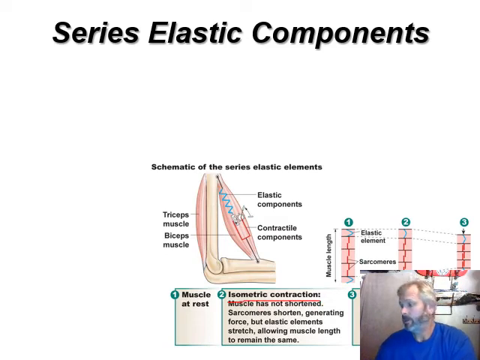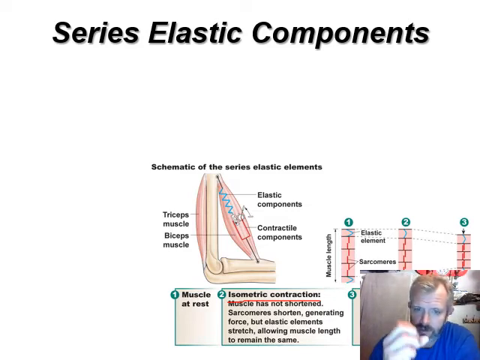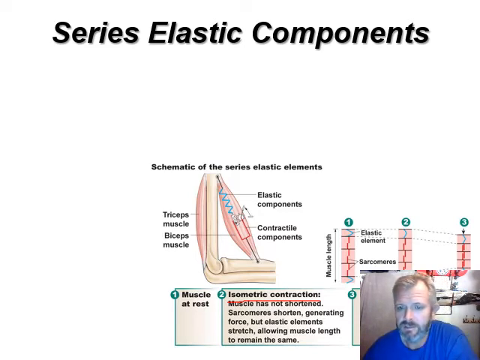But when I'm trying to lift that 50-pound dumbbell, I can definitely feel my muscles contracting. I'm just not getting movement. And why is that taking place? It's because my muscles are made up of the contractile components, but also the elastic components. So you can see what's happening for isometric contractions: between here and here there is some overlapping.